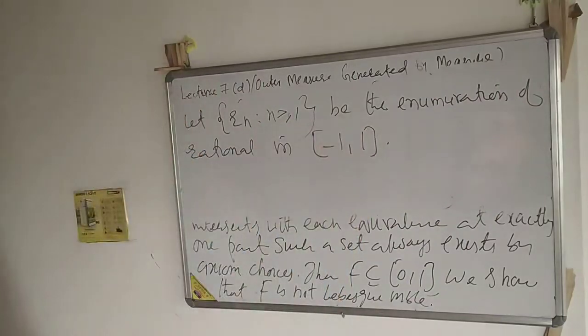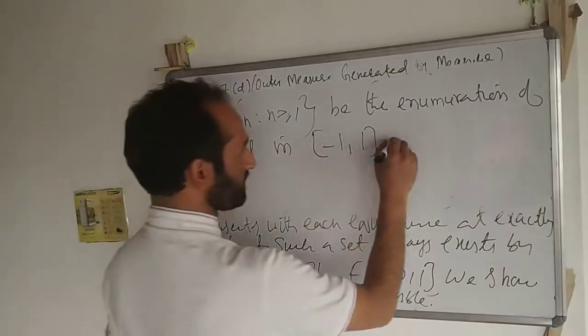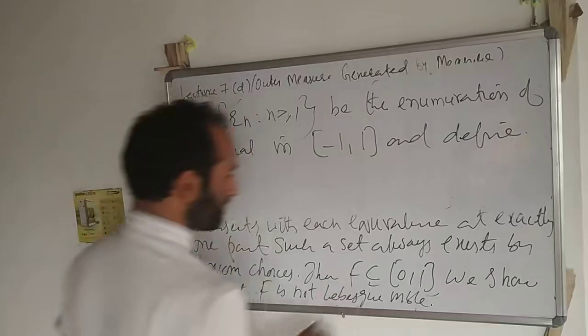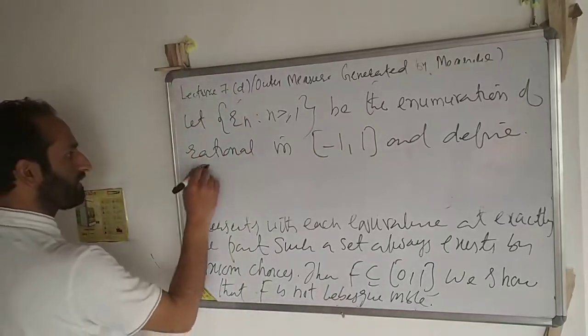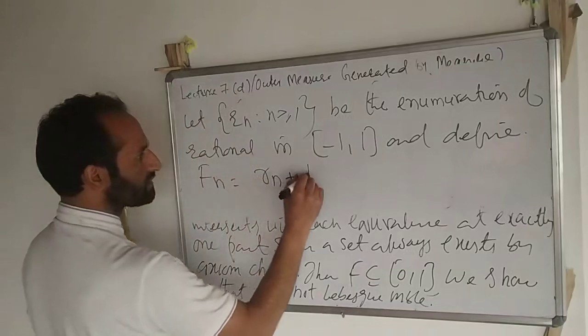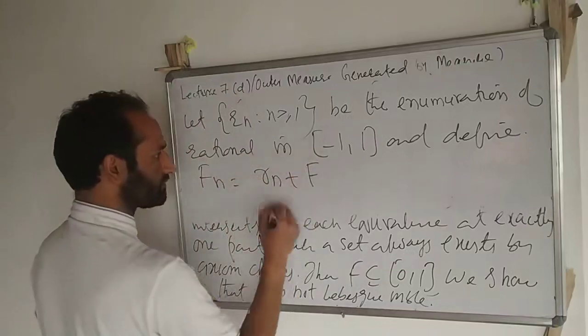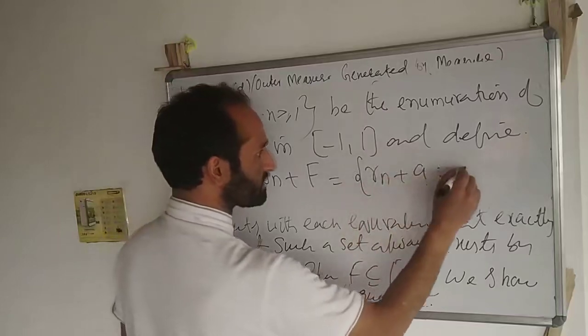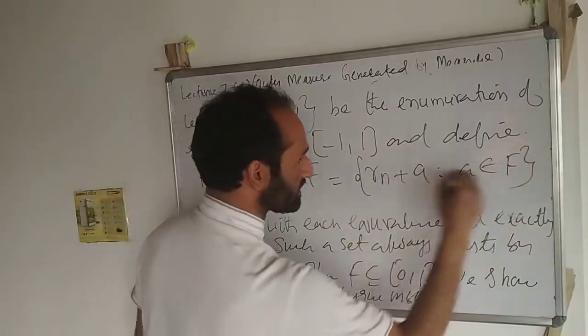Let's take this enumeration and define the set F_n, which is equal to R_n plus F, which is the set of points R_n plus a such that a belongs to F.